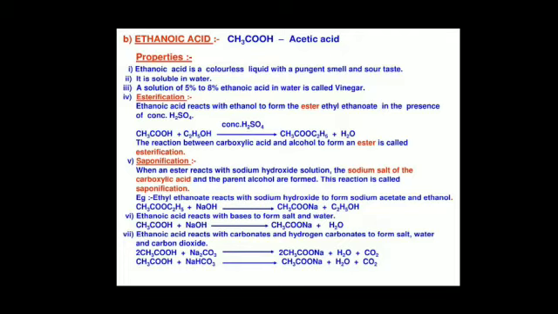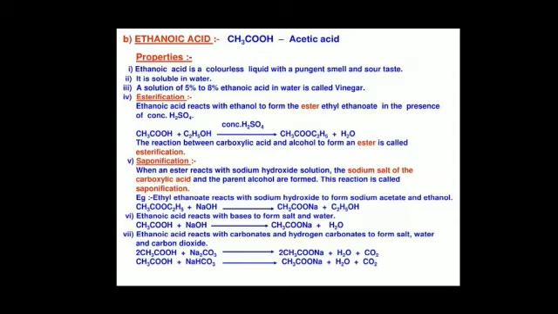It is soluble in water, and a 5 to 8% solution of acetic acid in water is called vinegar, that you use at your home as a food preservative in pickles. The melting point of pure ethanoic acid is 290 Kelvin, and hence it often freezes during winters in cold climates. This gave rise to its name glacial acetic acid.